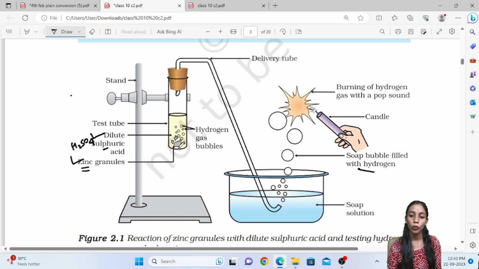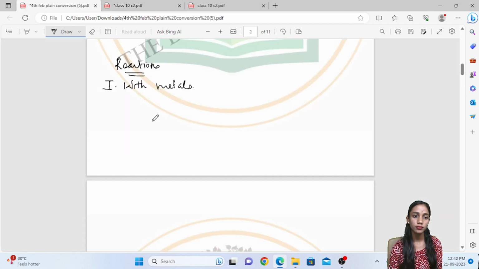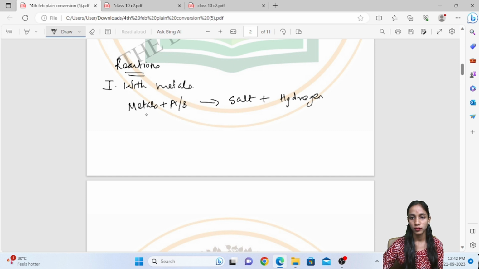So we can say that when metals react with acid or base, they produce a salt, and there is evolution of hydrogen gas.